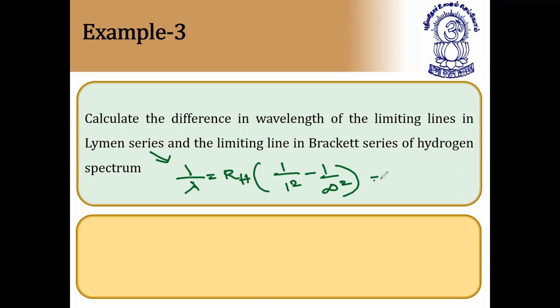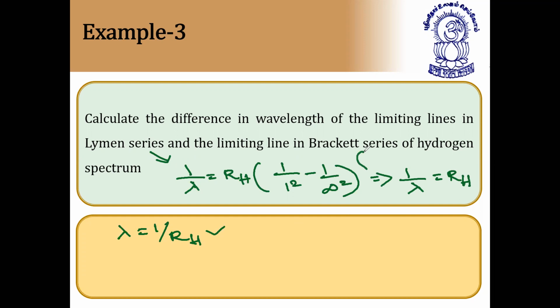So this is 1 by lambda, that is also equal to RH into 1 by 1, that is equal to only RH, because 1 by infinity square becomes 0. 1 by lambda is equal to RH, means lambda is equal to 1 by RH. This is lambda, limiting line for Lyman series.